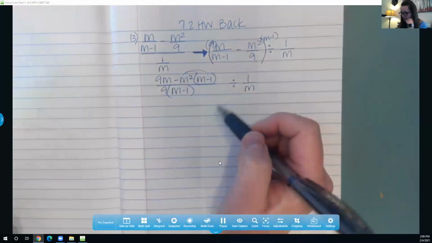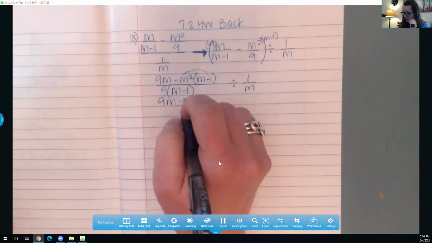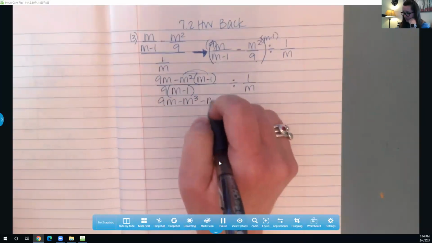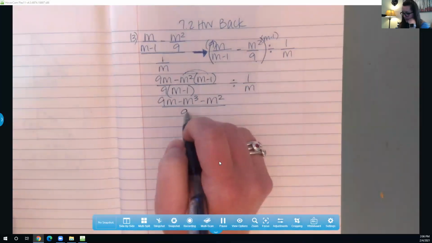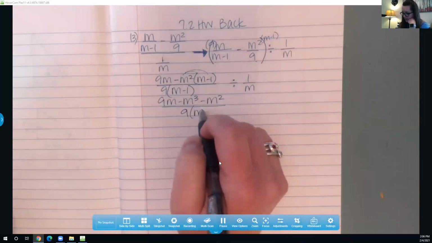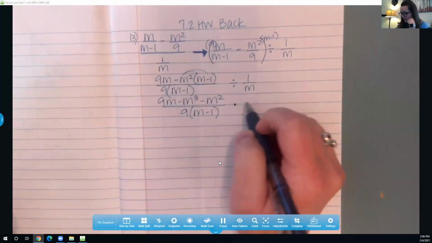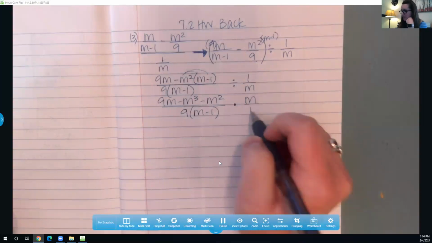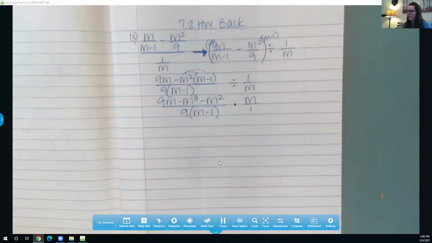I'm going to get rid of all of these parentheses up here. See what we get: 9m minus m cubed minus m squared, divided by 9 times m minus 1. I'm going to go ahead and flip my second fraction and multiply, so it's times m divided by 1.